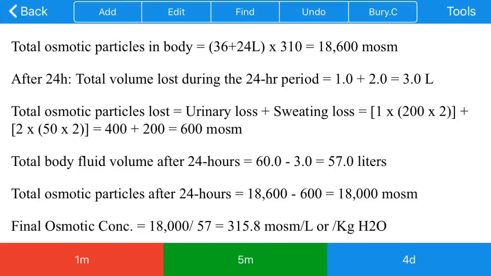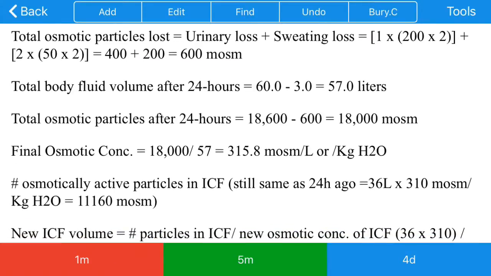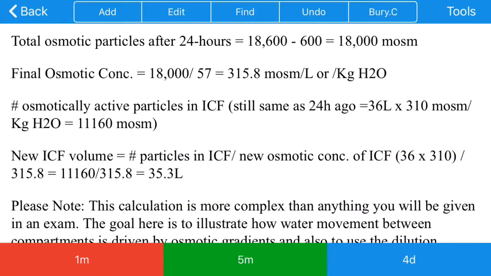So minus 3 liters, 57 liters. Okay, you just automatically distribute it. Total osmotic particles at 24 hours, so you're down to 18. Then you divide by 57, so 315 osmoles per liter, the final osmotic concentration. Osmotically active particles in the ICF are still the same.